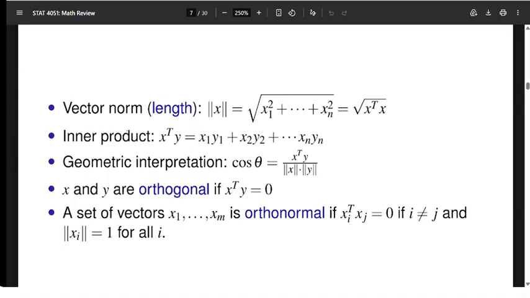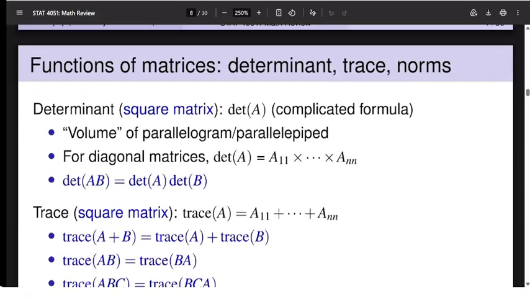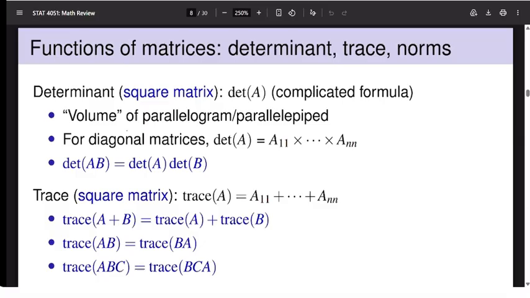I want to move to function of matrices. In statistical machine learning, we may want to talk about the determinant. We talk about the determinant of a matrix because when you are dealing with multivariate or regression analysis, without knowing the determinant of a matrix, you may not be able to figure out the estimation of parameters.